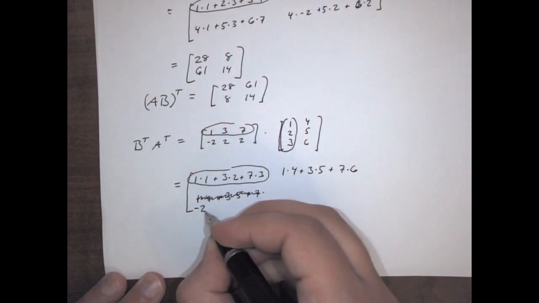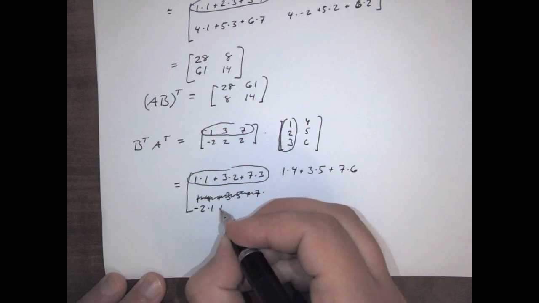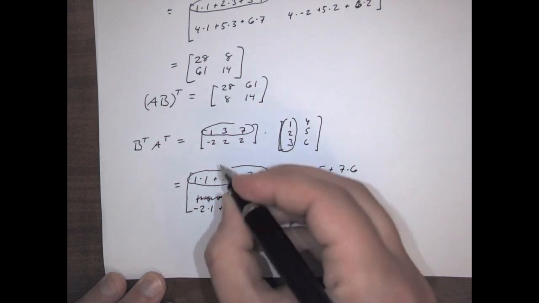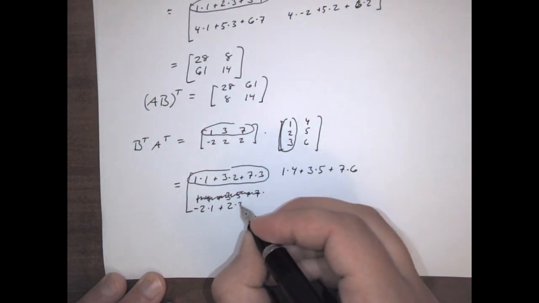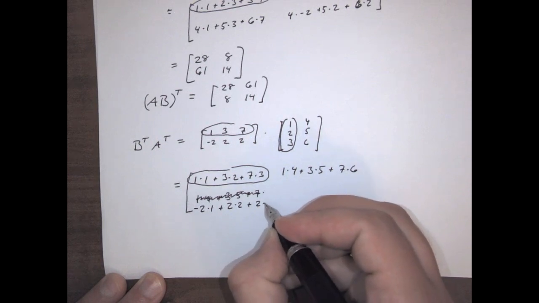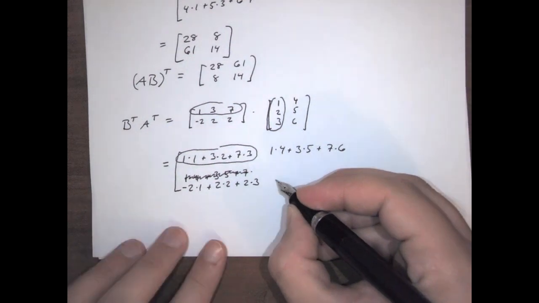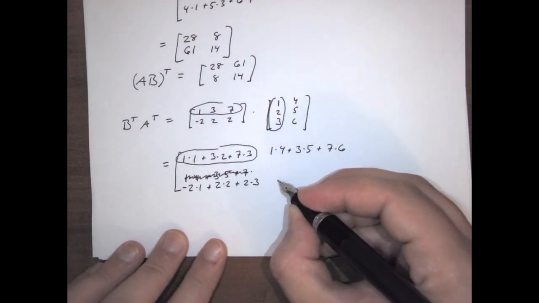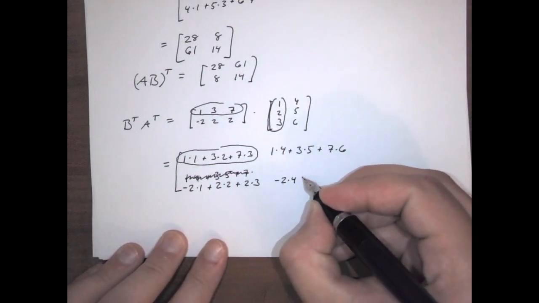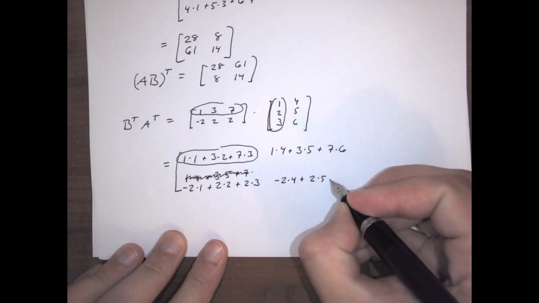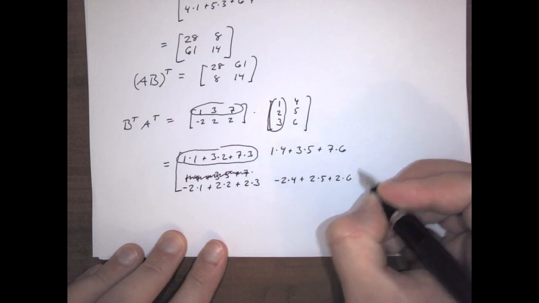And then down here, negative 2 times 1 plus 2 times 2 plus 2 times 3. And then over here, we're going to have negative 2 times 4 plus 2 times 5 plus 2 times 6.